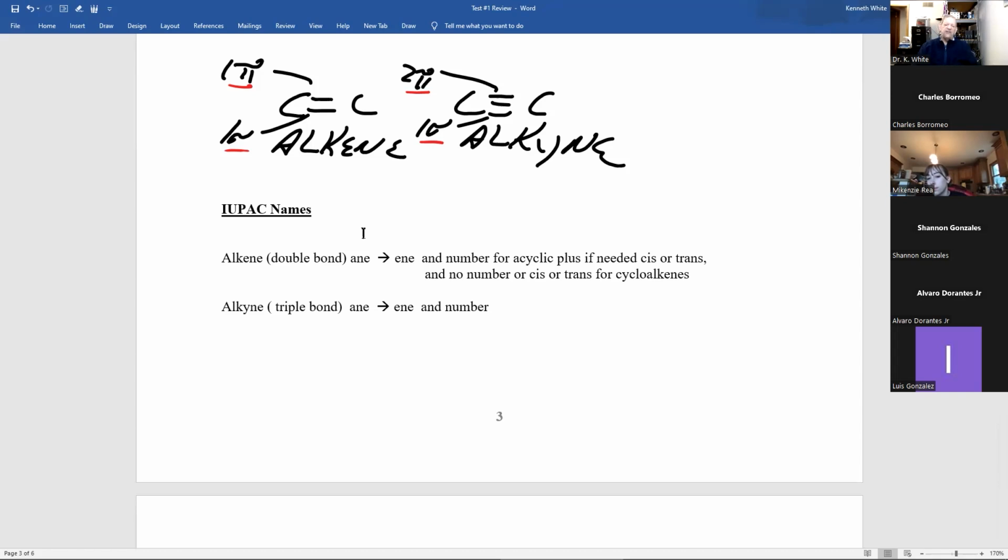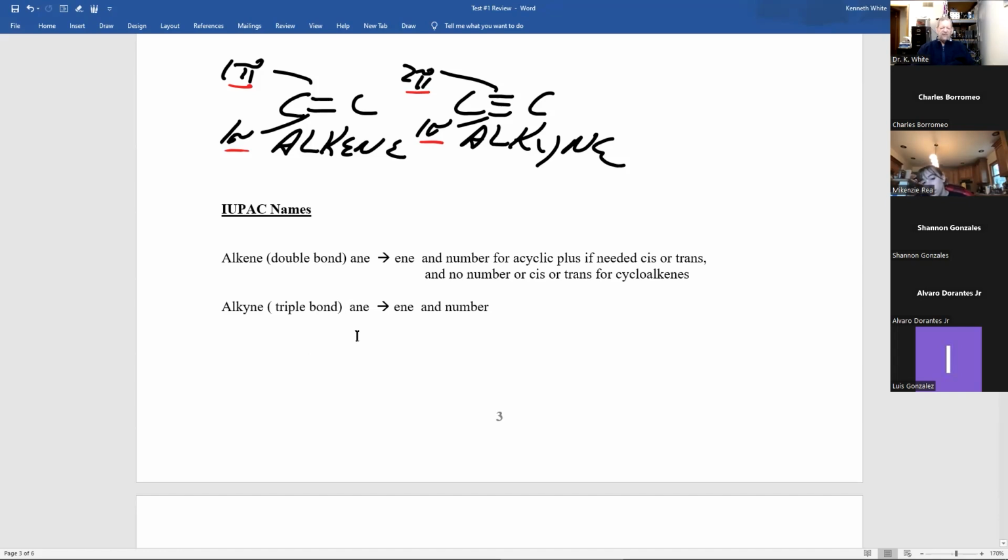One of the carbons of the double bond in a ring will always be 1, and the other has to be 2. Now, for a triple bond, I've seen it in a ring once a long time ago in an article, but that was rare. For this class, a triple bond is always going to be acyclic.